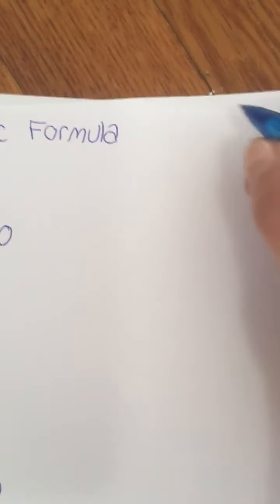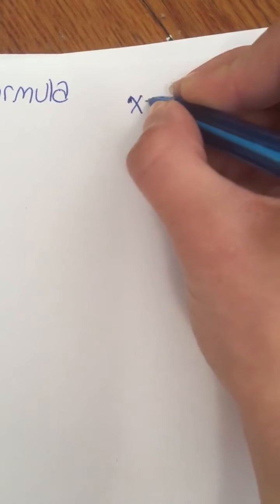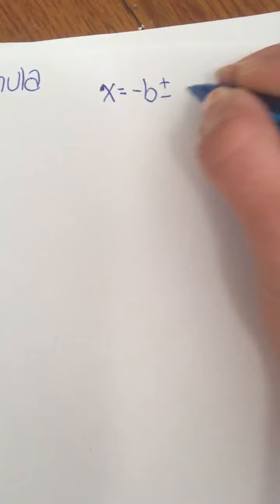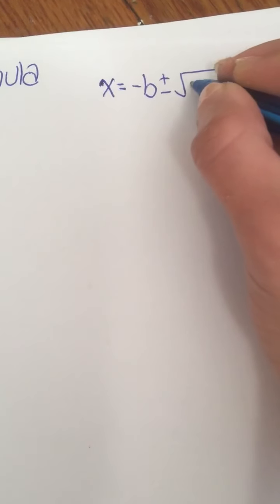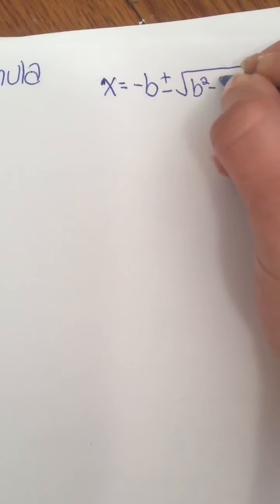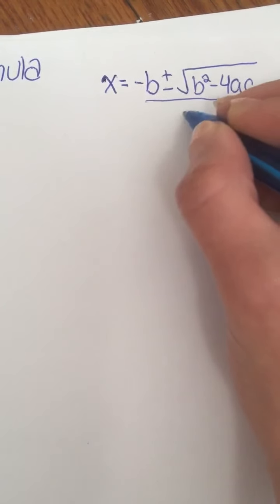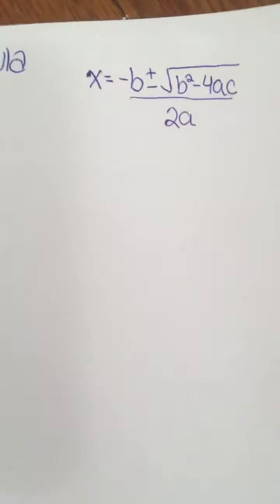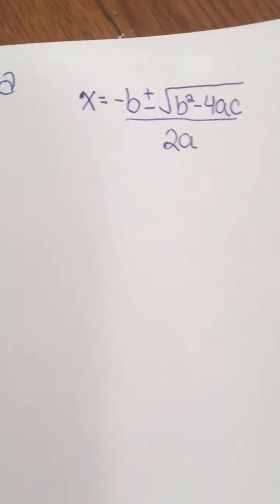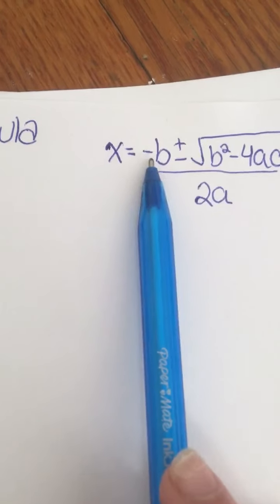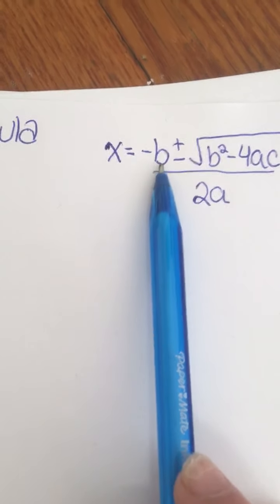So the formula itself is x equals negative b plus or minus the square root of b squared minus 4ac, all over 2a. I have a funny little story that goes along with this that helps me remember. There once was a negative bee, like a negative bumblebee.